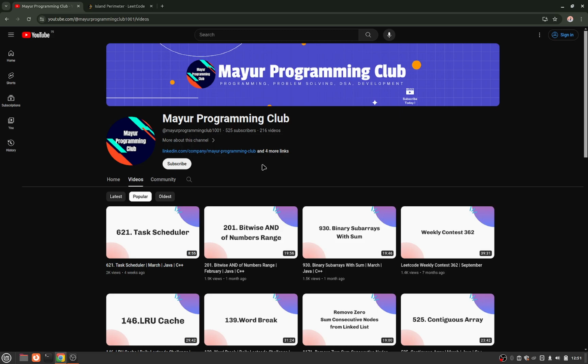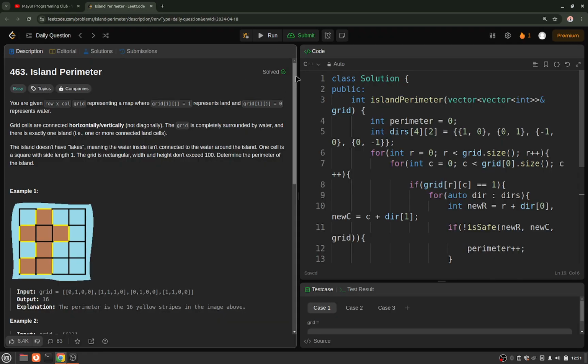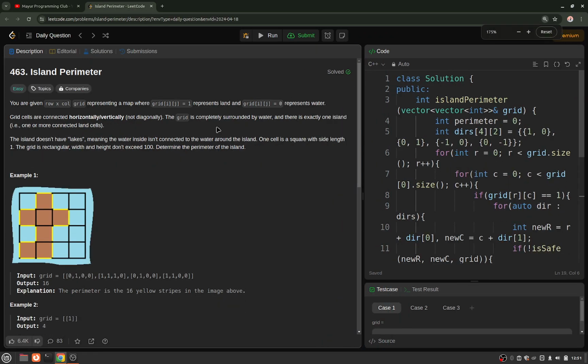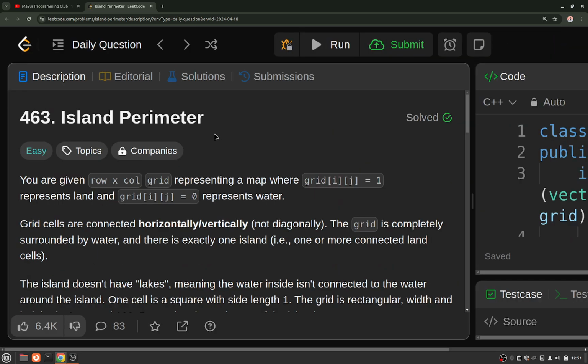Today we will be solving another daily LeetCode problem, and the problem's name is island perimeter. You are given a grid representing a situation where there is an island surrounded by water.